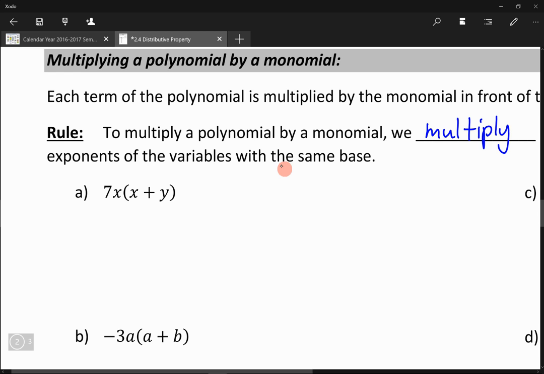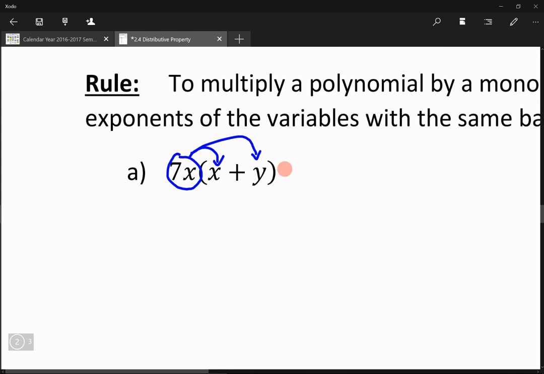So all you're doing is you're taking this monomial and multiplying it with every term on the inside. Okay, so what you have here is 7x times what you have inside x plus 7x times y.